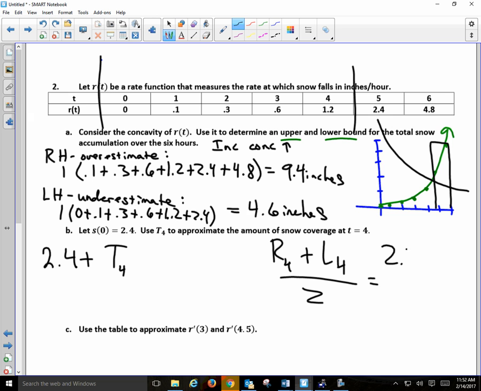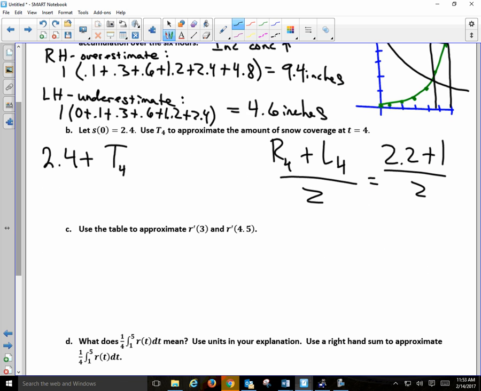And then, if I do the left hand, I'm going to do 0 plus 0.1, 0.3, 0.6, and I get 1. So 3.2 divided by 2 is 1.6. So I have 2.4 plus 1.6 is 4 inches of snow. It's sitting on the ground. Approximately, that's a best estimate at time 4 hours.